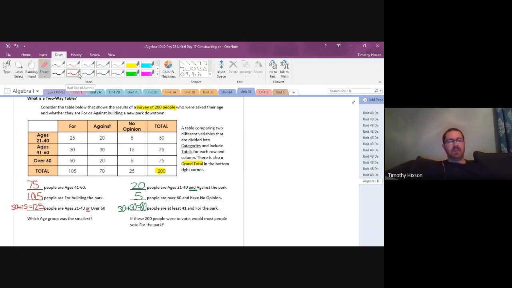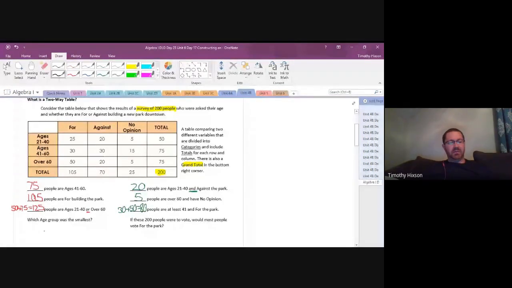Now there's a couple of other questions here. As we look at this, which age group was the smallest? So for age group, we're looking at the totals. I look at these totals for the age groups, and the age group that was the smallest was this 50. That's the ages 21 to 40.